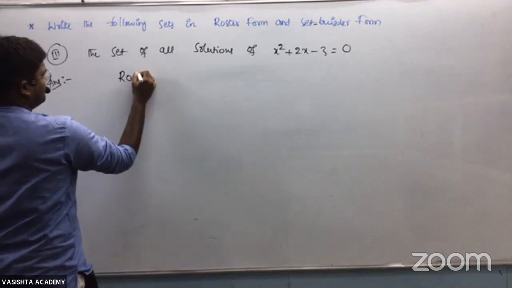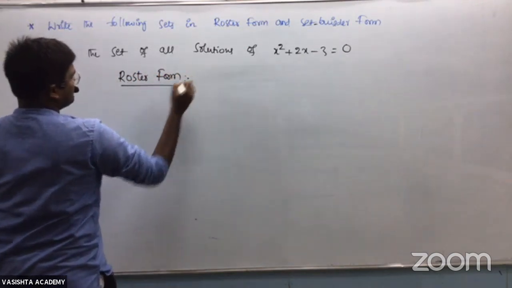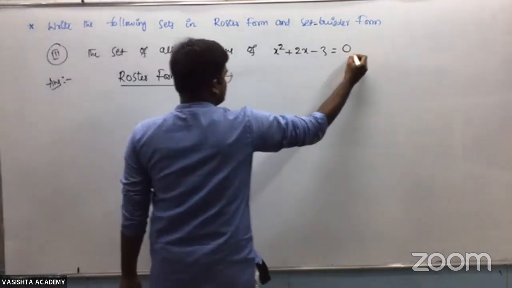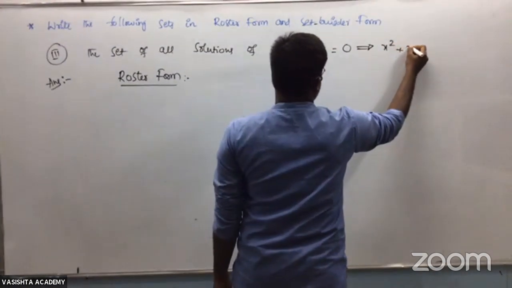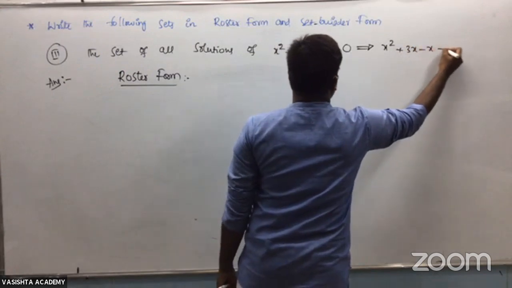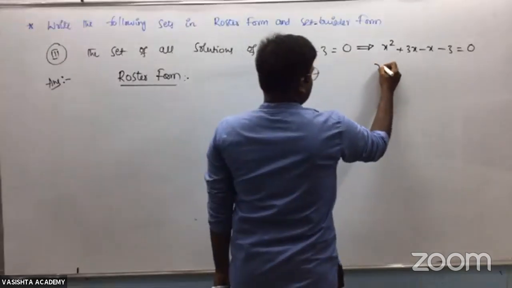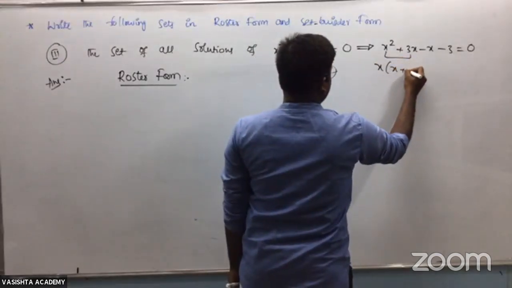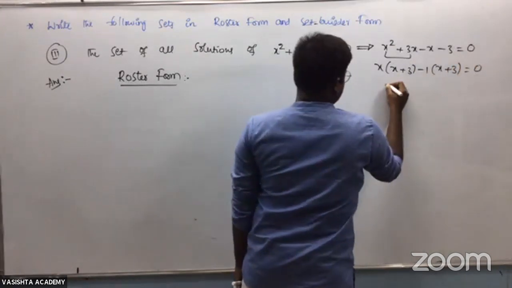Roster form. So what are the roots of this equation? x square plus 2x minus 3 equal to 0, I can write it as x square plus 3x minus x minus 3 equal to 0. Taking x common, x into x plus 3, minus 1 times x plus 3 equal to 0.